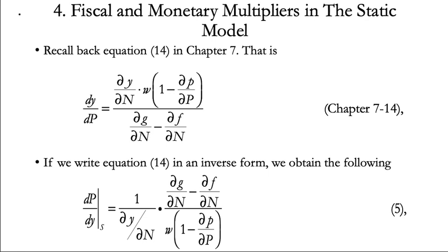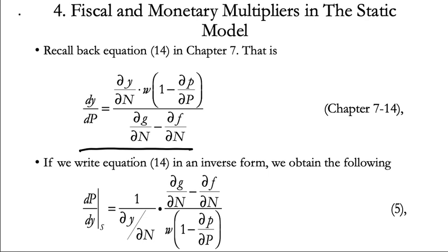We have seen fiscal and monetary policy in the static model in the form of graphs. Now we move to the mathematical expressions. So we want to look at fiscal and monetary multipliers in the static model. Let's recall equation 14 in chapter 7, that is this.